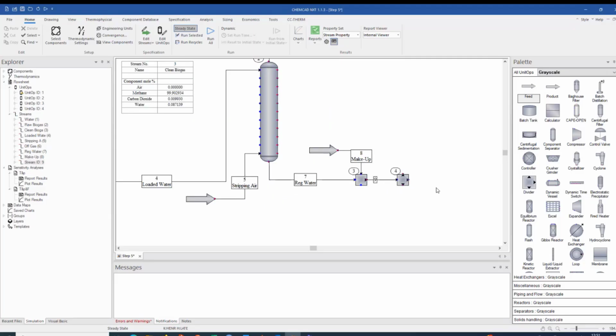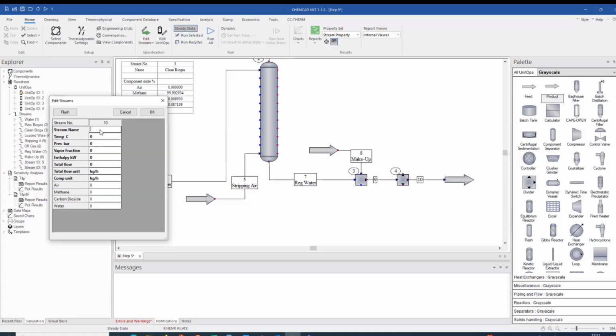And we connect the mixer with the divider. Here we have our purge stream. And there's our purge. We will calculate it.